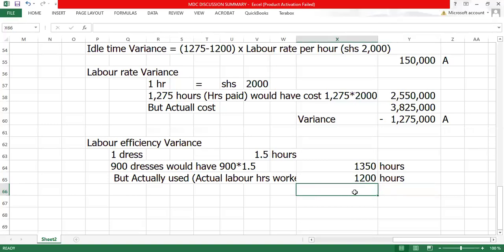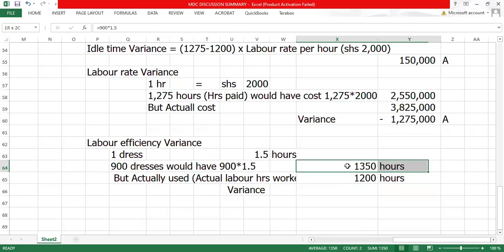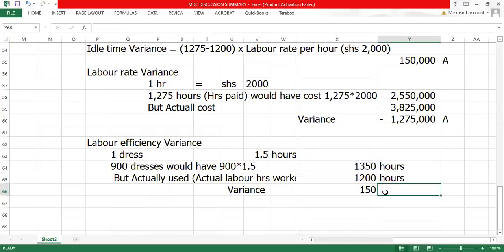So here, the variance, adverse or favorable? This was your budget. We have favorable. Budgeted to use these hours, but you actually used this. You are efficient, you used fewer hours, so this is favorable. But these are hours.